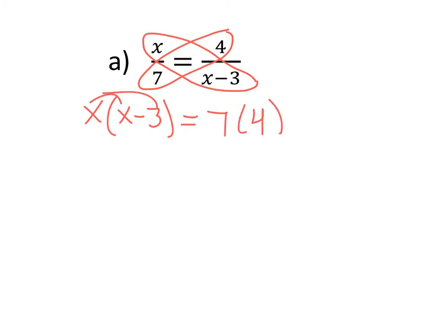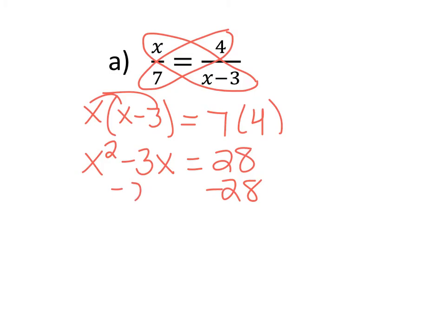On the left, I will distribute: x squared minus 3x equals, and 7 times 4 is 28. I still need to get 0 on one side, so I will subtract 28. x squared minus 3x minus 28 equals 0.